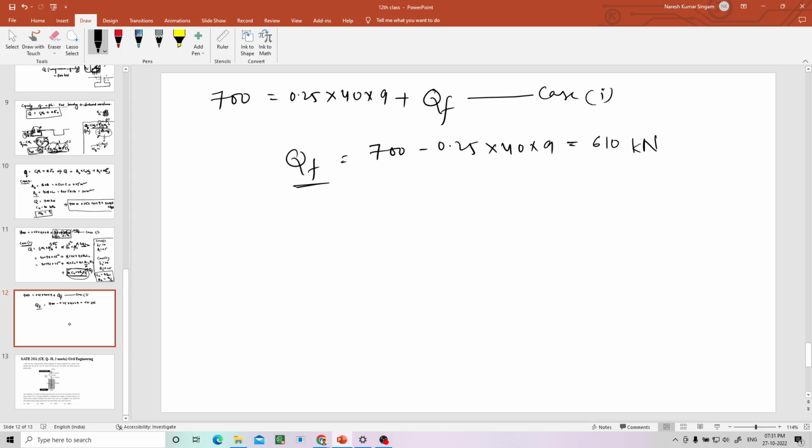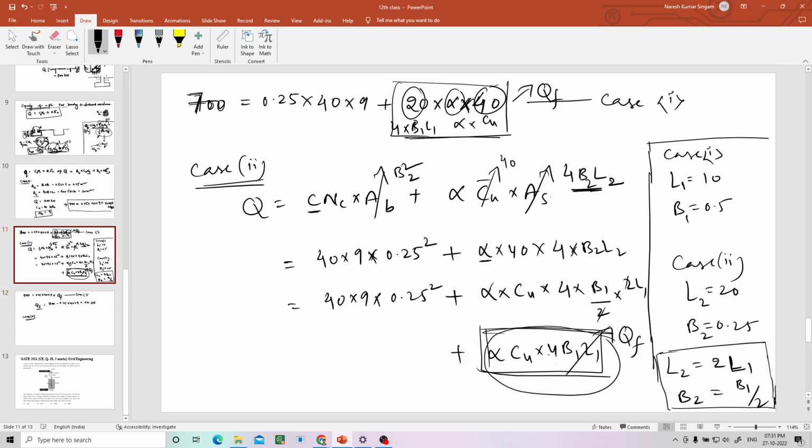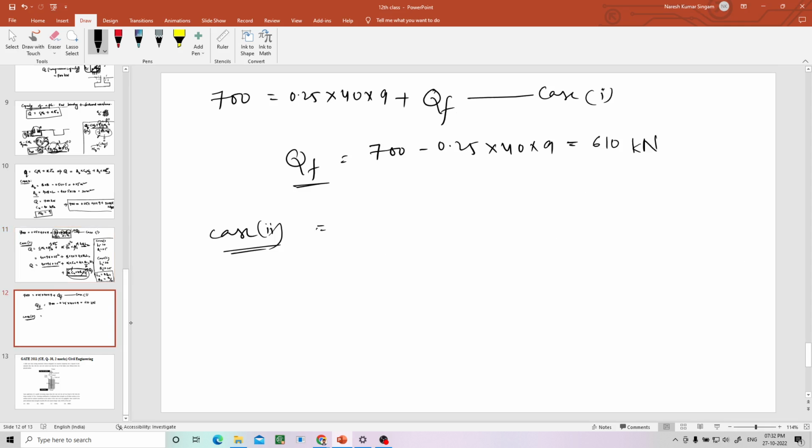You know QF now. Now from case 2 directly, what is case 2? You have to find Q in case 2. You know this QF is the same as the previous. So you just substitute this in case 2. Total Q is 40 into 9 into 0.25 square plus QF, which is 610.